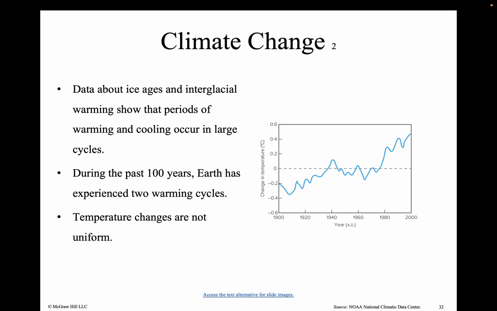So we are in this interglacial warming period, okay? And there is an estimation that this current interglacial warming period started about 18,000 years ago. So over the next 90,000 years, we're going to see this temperature rising more and more until it drops down and we go through another ice age again.